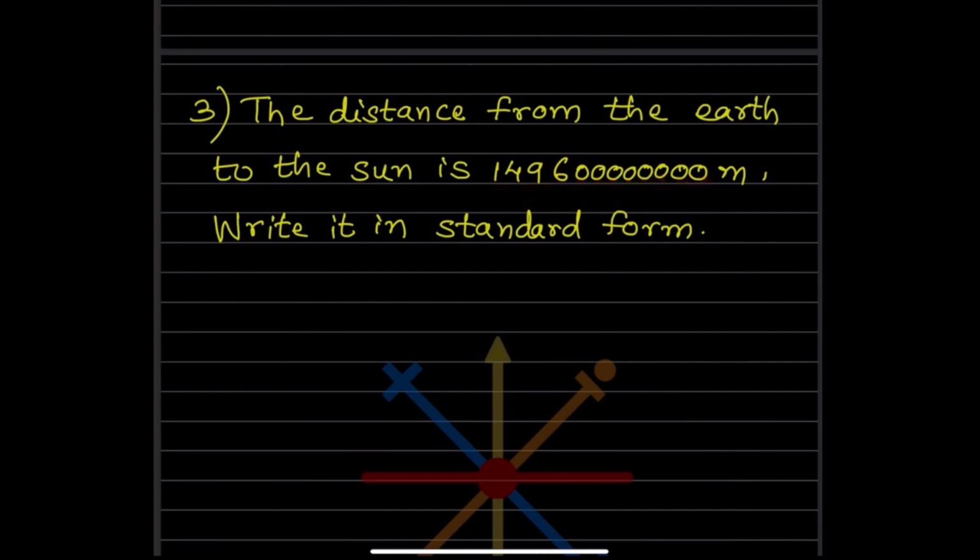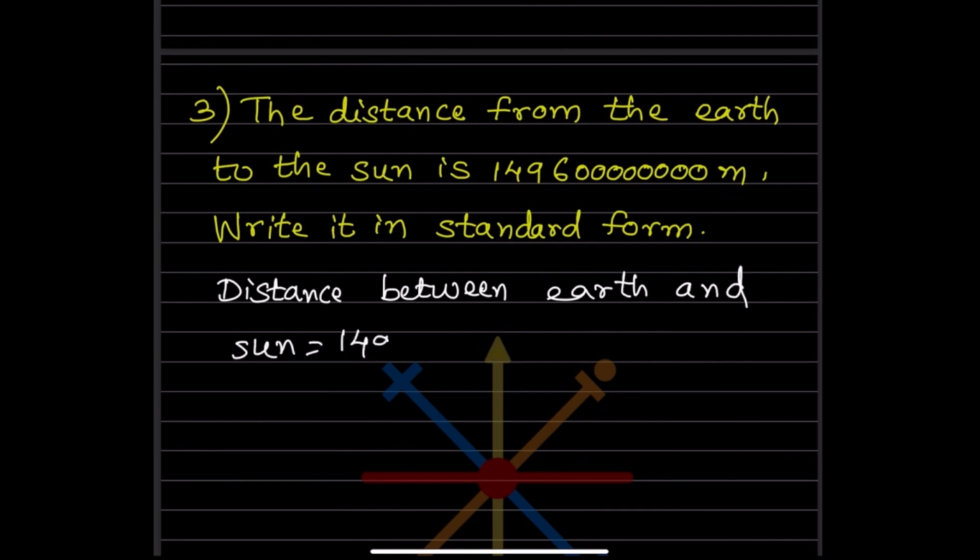First thing we'll write here, distance between earth and sun. That is 1496 and 8 zeros, and that is in meter.